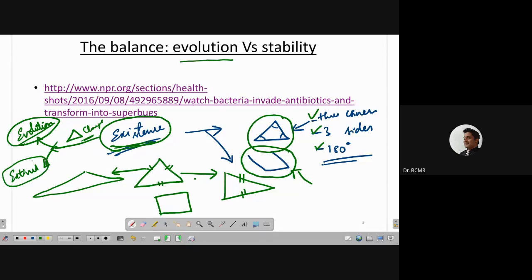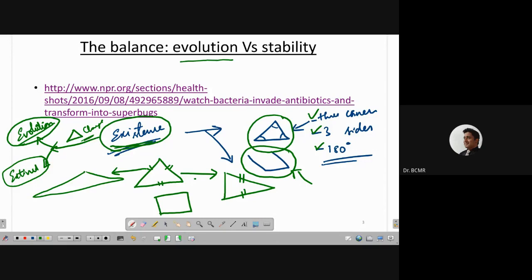The same is the case with species or organisms. There were many species, we are all evolutionary products of those species. And at least 90% of what we see now, more than that, we are just 10% or even less than that of all species that ever existed on the surface of planet Earth.